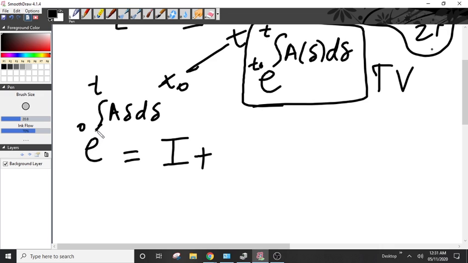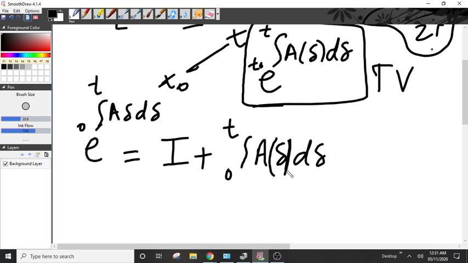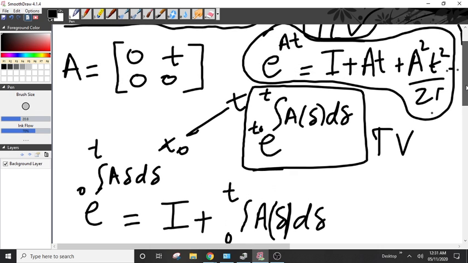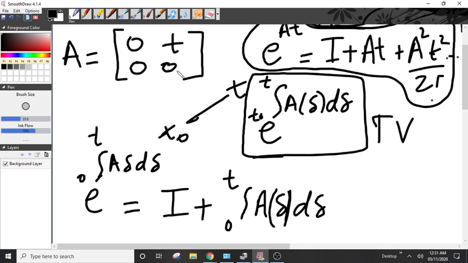So I have to write this term as the first term, and the first term will be integral 0 to t, and I've replaced it with A(sigma) d sigma. So A(sigma) is basically A, and wherever I have written the t, I have to just replace this t with sigma, so we will have A(sigma).